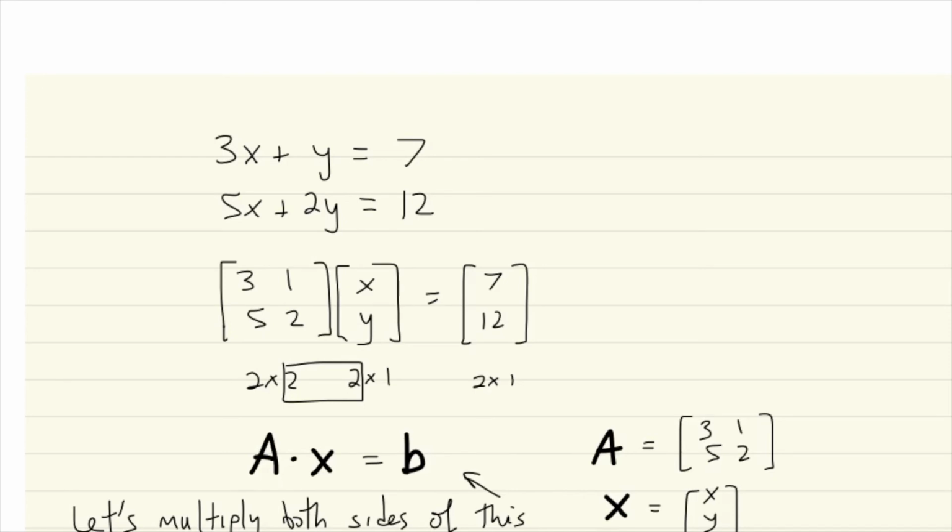And here's now where the inverse matrix comes in. We multiply both sides of this equation by A inverse.